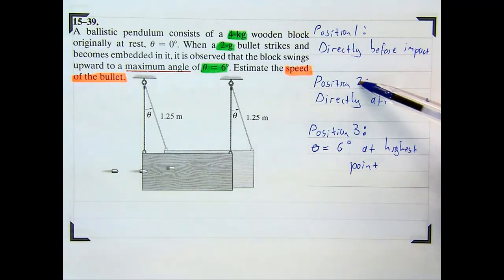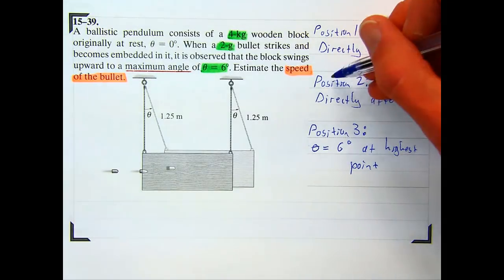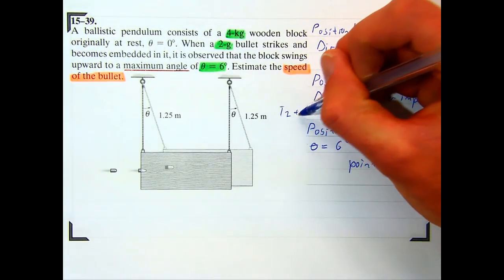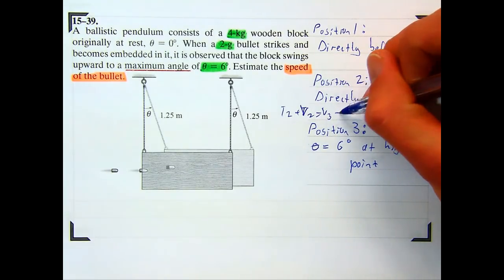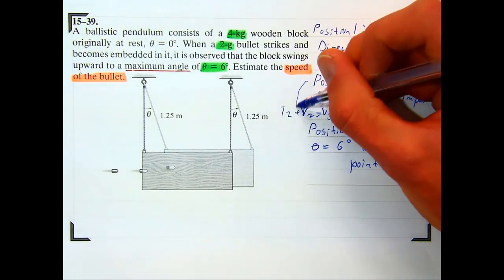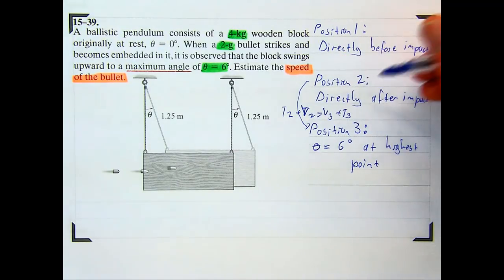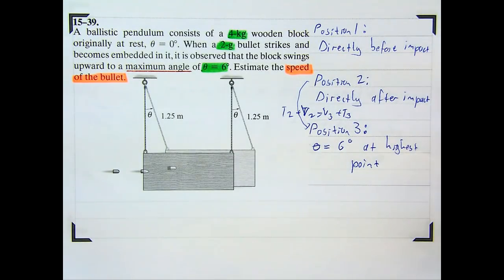We therefore need to apply 2 principles. From 2 to 3, energy is being conserved, and from position 1 to position 2, momentum is being conserved.